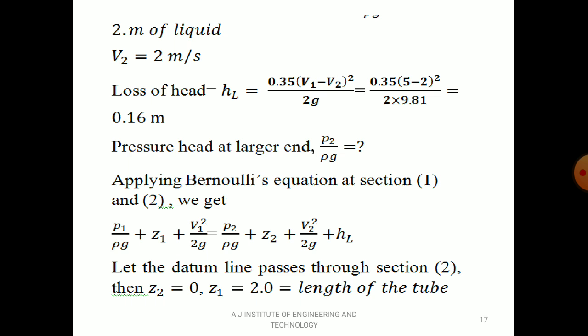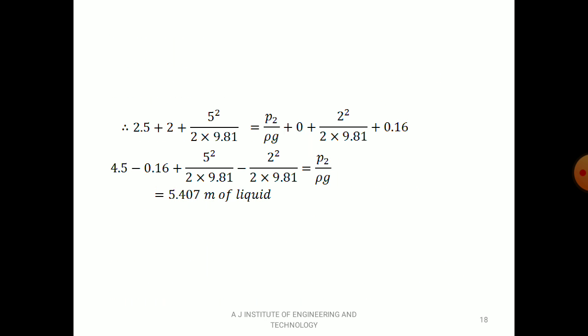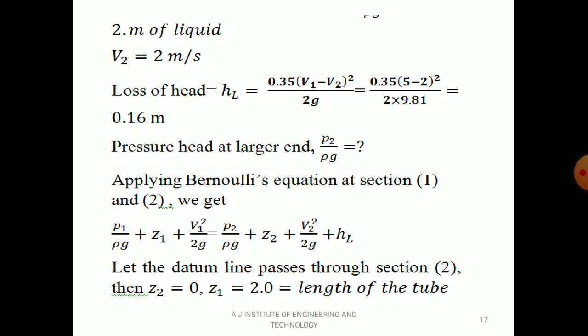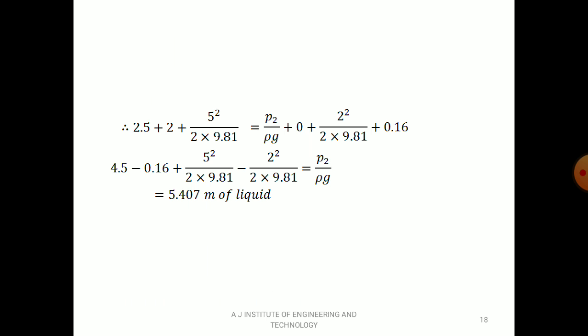Upon substitution, P1 by rho g is given as 2.5 meter of liquid, plus Z1, that is the length of the tube, 2, plus velocity V1, 5 square divided by 2 into 9.81, equal to P2 divided by rho g.